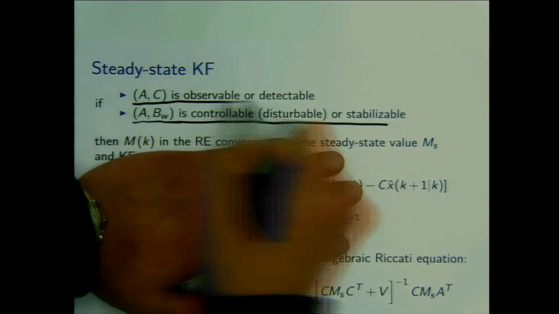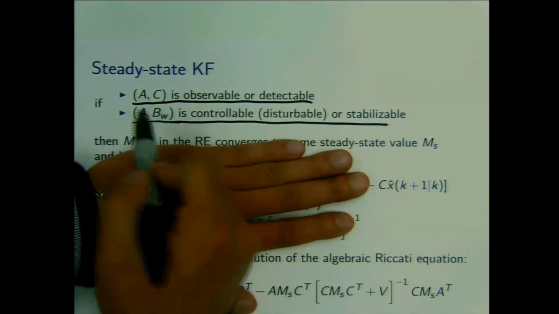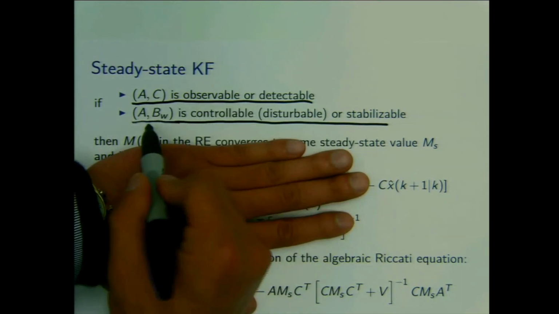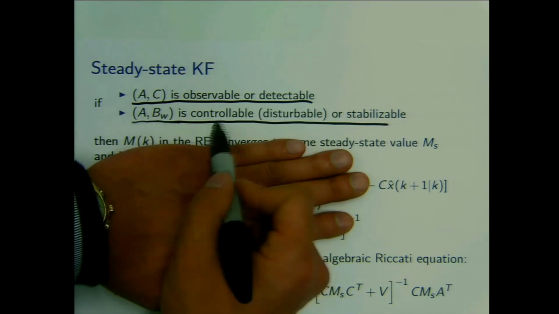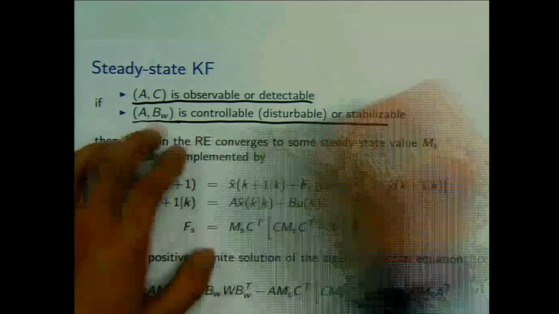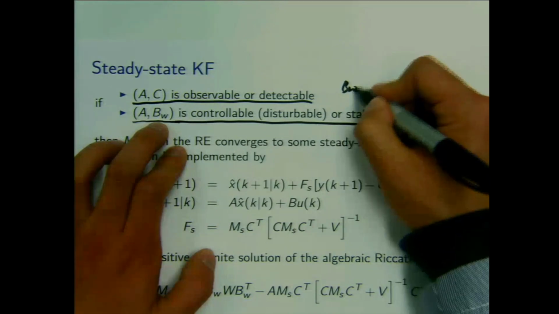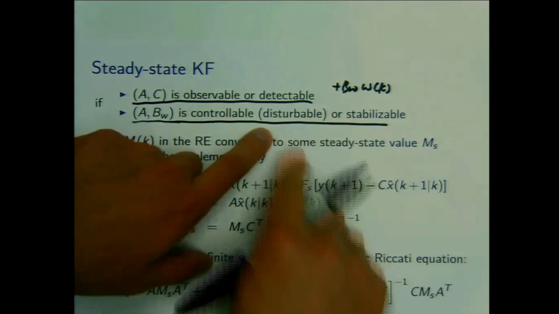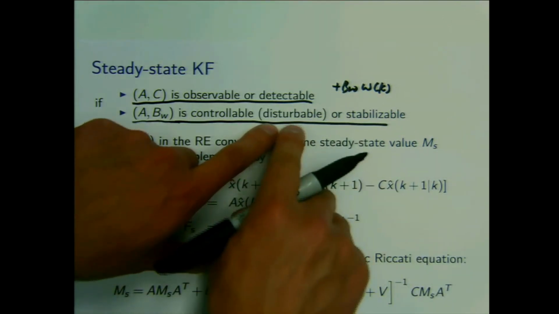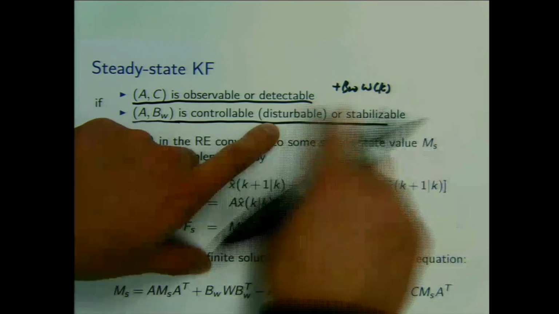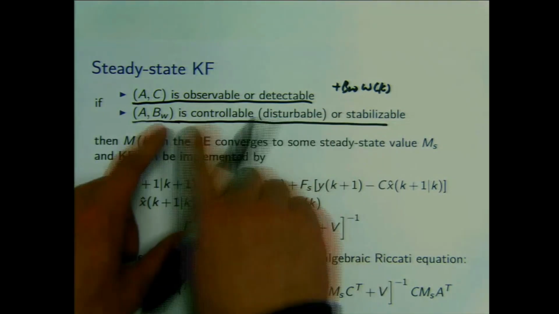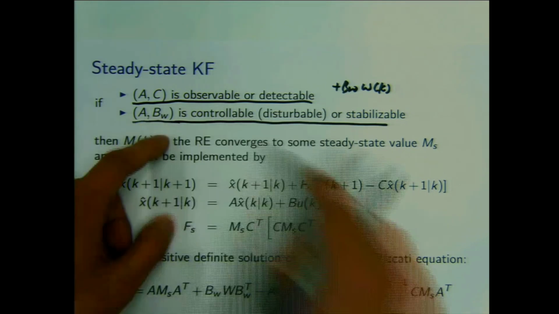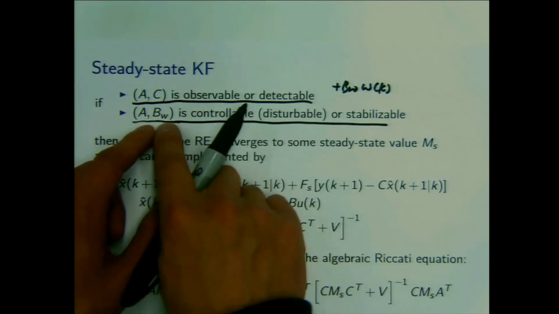Let's explain the full statement first, and then I will tell you in detail which one is for which. A, C has to be observable or detectable, and then A, B, W has to be controllable. But because BW is the matrix for the noise term, it may sound more intuitive to say that it's disturbable, meaning the noise can disturb the system. It's saying that for this pair A, B, W, the controllability matrix has to be full rank.